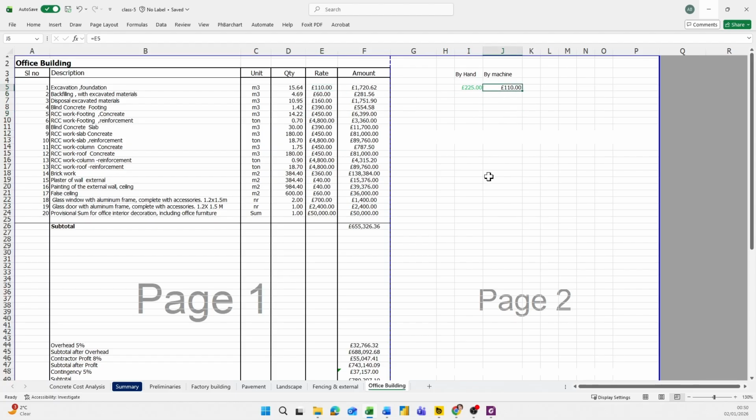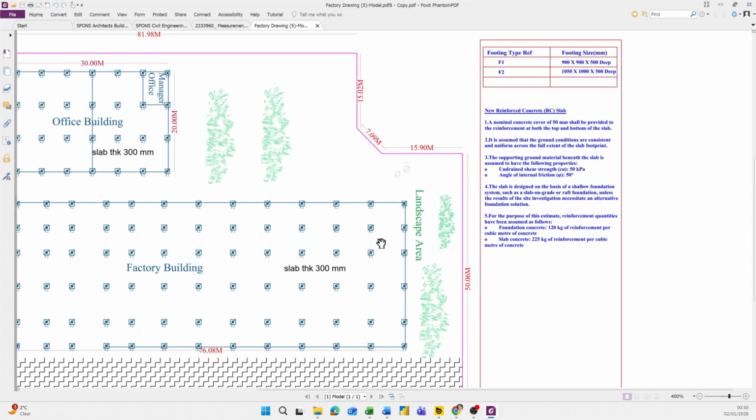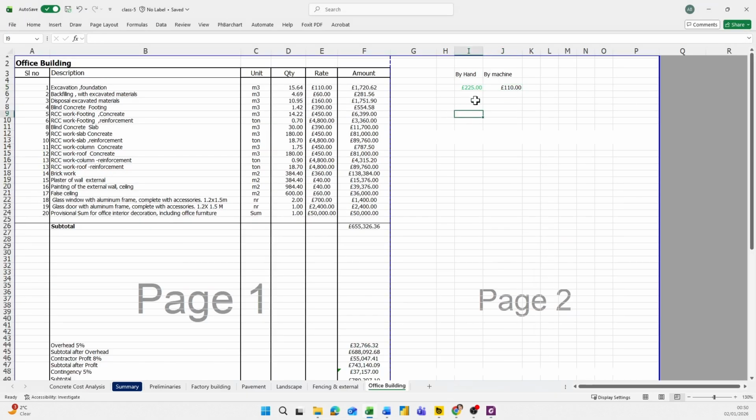but in real life, if a machine cannot go here, and if a machine goes, then this area will collapse. So it needs to be done by hand.